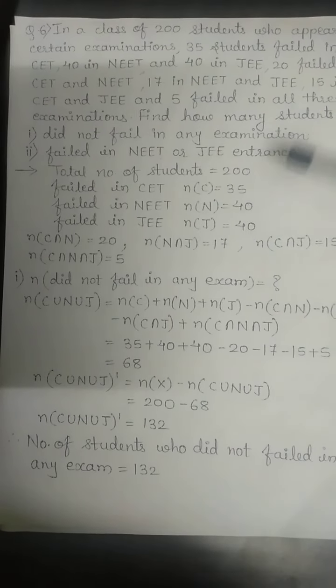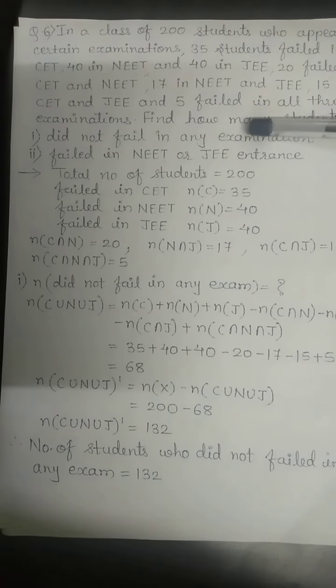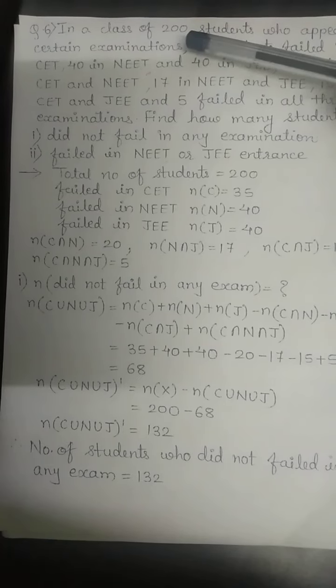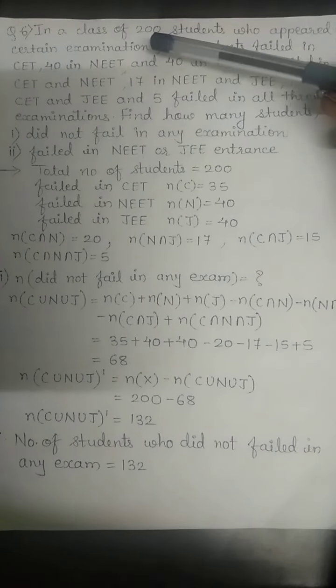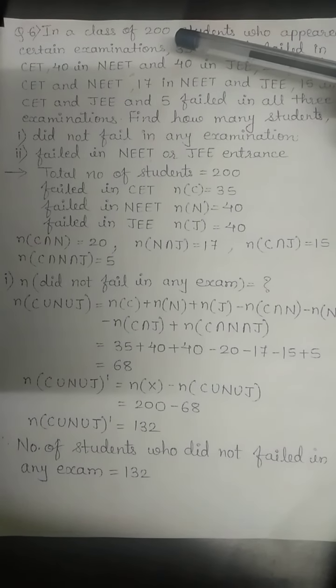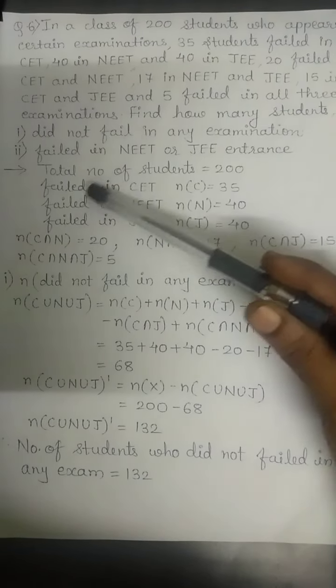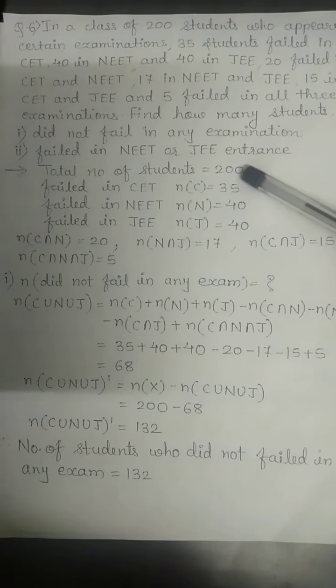Now here first we will read the given question carefully. The total number of students present in the class who appeared for the certain examinations is equal to 200.